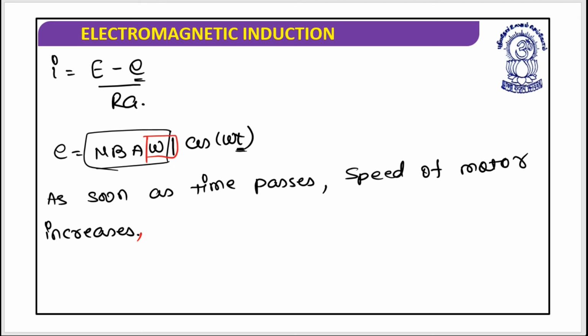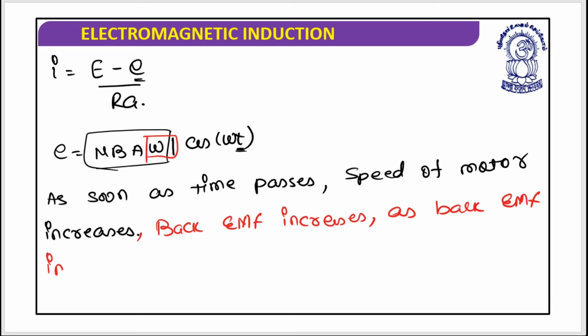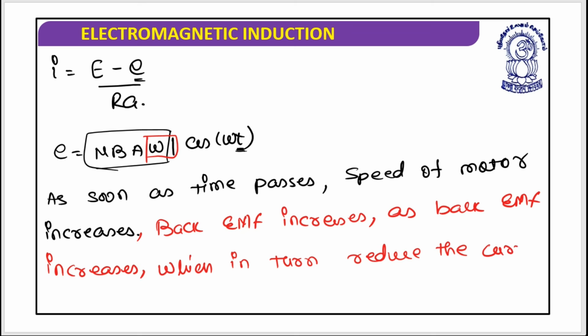If omega increases, that means back EMF increases, and as back EMF increases, which in turn reduces the current through the armature.